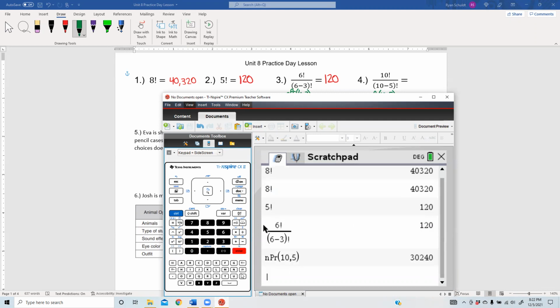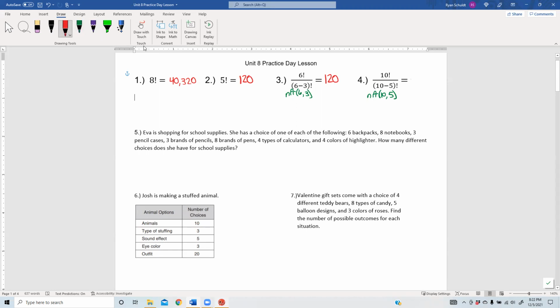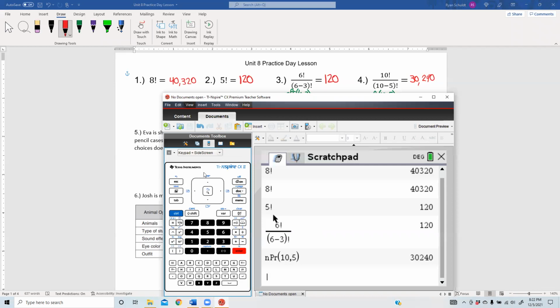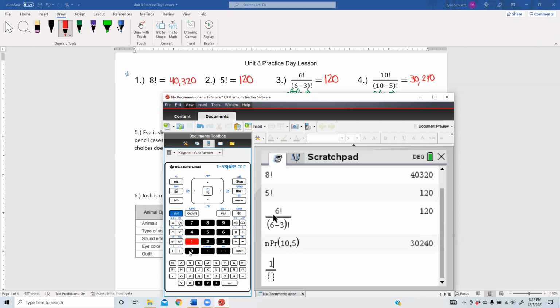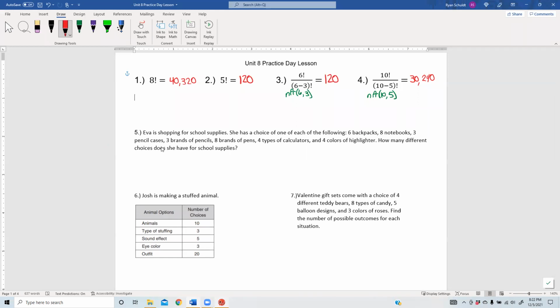You get 30,240. Either way works. Just to prove that either way works, I'll just type it in plain Jane. See, we still get the same answer. So there's that one.